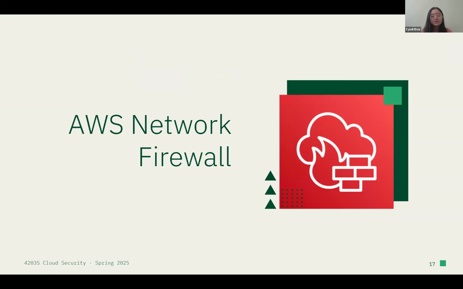The next one is the AWS Network Firewall. It monitors the network traffic and filters it for the AWS VPCs. It is used for creating and managing the firewalls of the VPCs, giving the user control of the network and the traffic of the VPC. It first needs a rule group to be created, and you choose either a stateless or a stateful rule group.